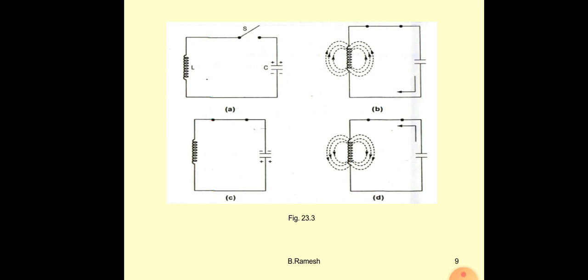The capacitor stores the energy in the form of an electric field. After a certain time the capacitor starts discharging and current flows through the inductor, and the inductor stores the energy in the form of a magnetic field.